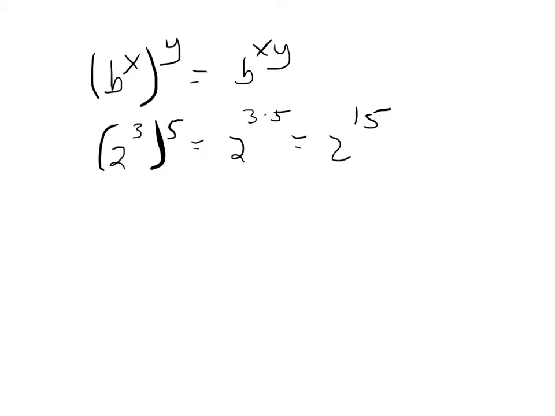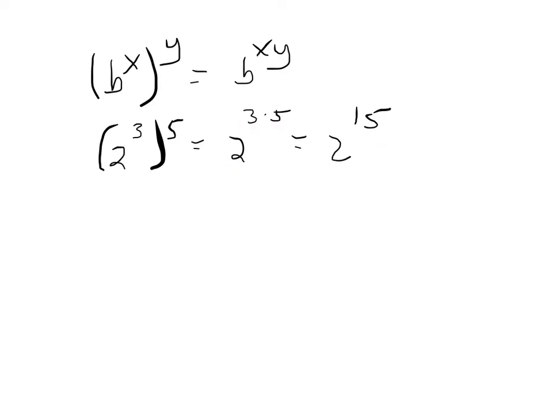So our last rule is, suppose you have some exponential expression raised to a power. What you're then going to do is simply multiply your exponents, x times y, and that will give you your result. So I'm looking at, for example, 2 cubed raised to the 5th power. That would be 2 to the 3 times 5, or 2 to the 15th.